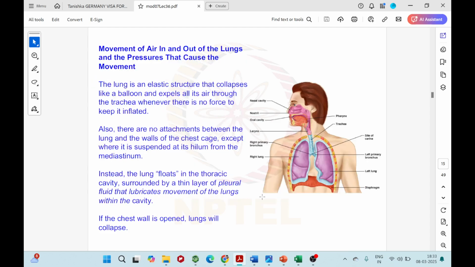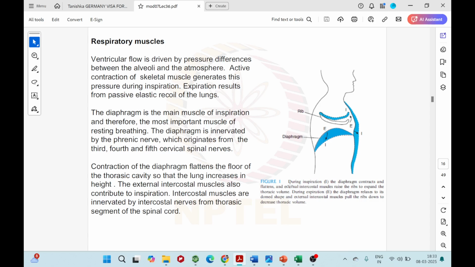In the pleural cavity, you have a negative pressure, which keeps the lung inflated. Because of the negative pressure, it is stretched and not allowed to collapse. And we have the respiratory muscles. So we have the diaphragm.